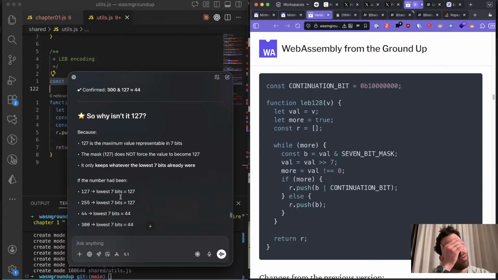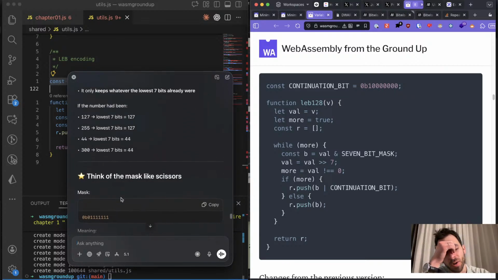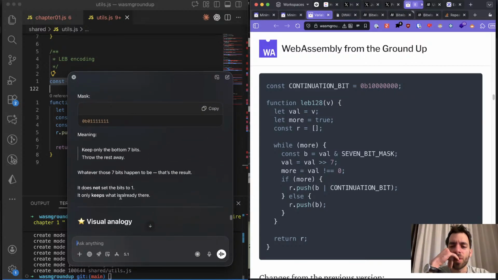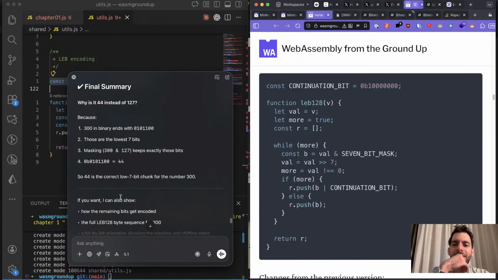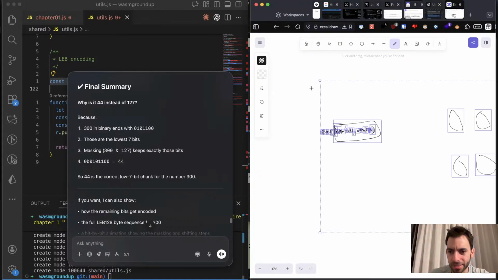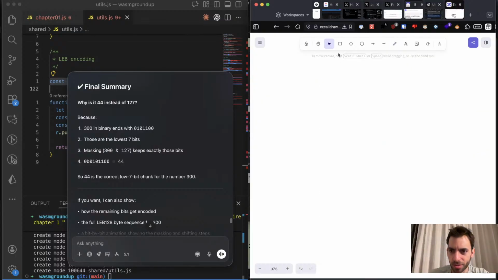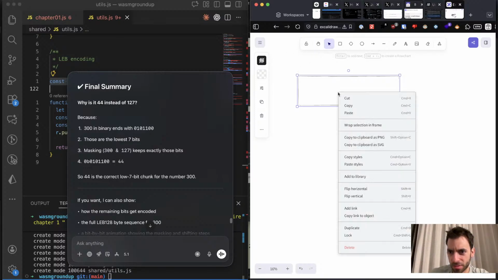Oh, wait a minute. I am understanding now. Oh, whoa. Right, because what we were doing is encoding an integer. It's like you have this very big box, and we're going to color this.